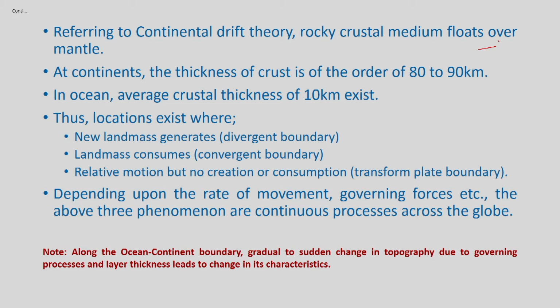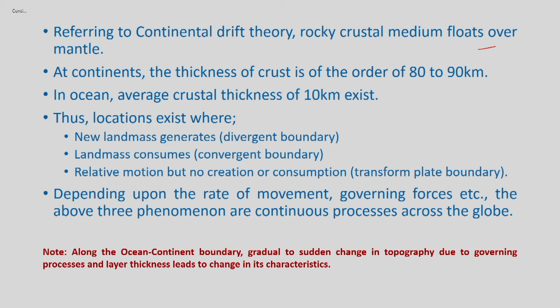Depending on the governing forces under each plate, and if the plate is in contact with another plate, considering the geological age, thickness and strength characteristics of the other plate, and other processes governing the movement, at some locations plates move towards each other, at some they move away from each other, and sometimes they move relative to each other.